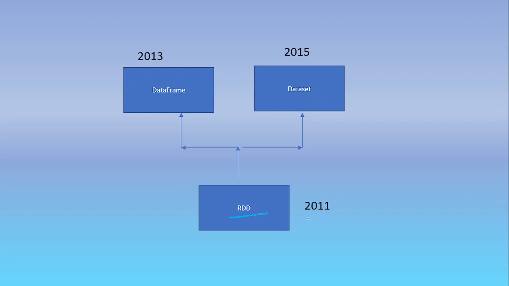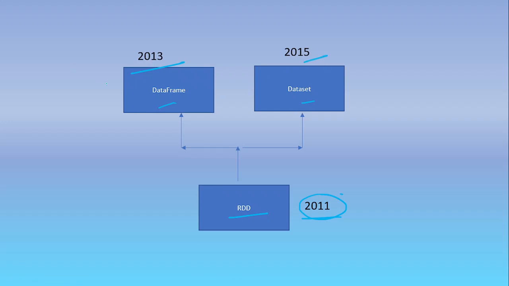If you look at history, it started when Spark Core, or Spark 1.0, started in 2011. There were some limitations on this RDD, so on top of it they built DataFrame and Dataset. In 2011 RDD was built, then on top of RDD your DataFrame was built, and from RDD a Dataset was built in 2015.